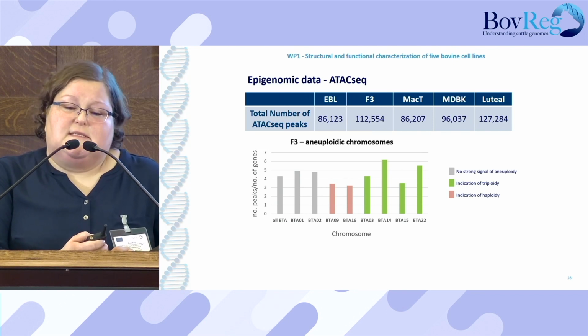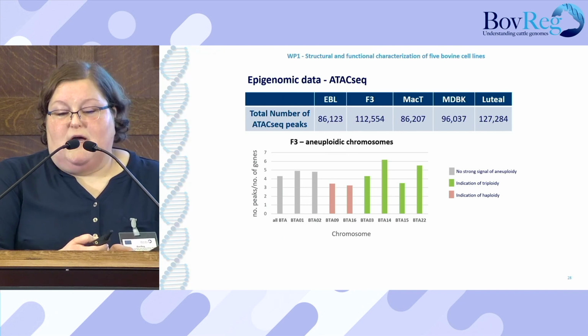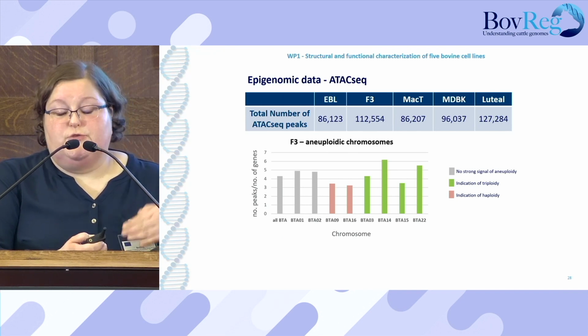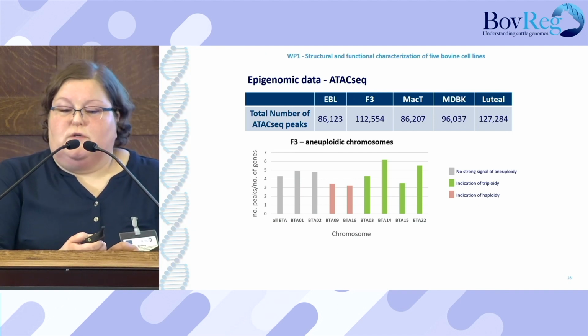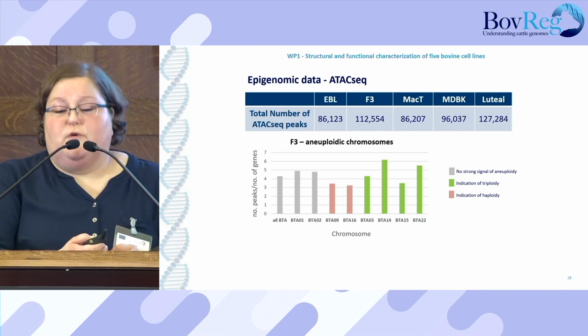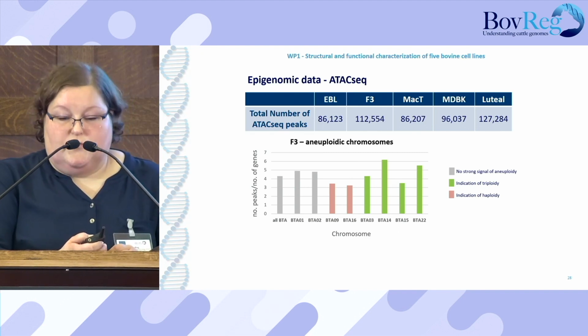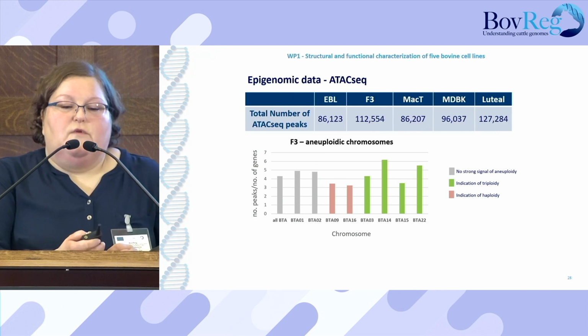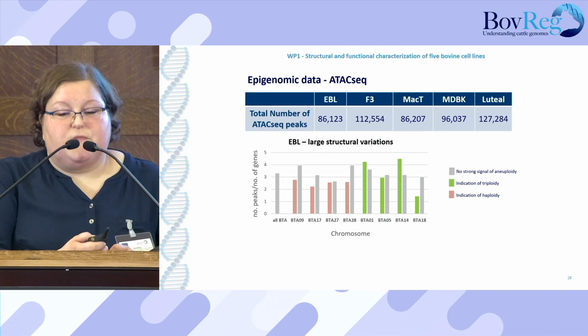And here you can see that, like the expression pattern, haploid chromosomes show a reduced ratio, and triploid chromosomes show an increased ratio. However, it is not as clear as with the transcriptomic data. We also did that with the chromosomes with structural variation and plotted those.